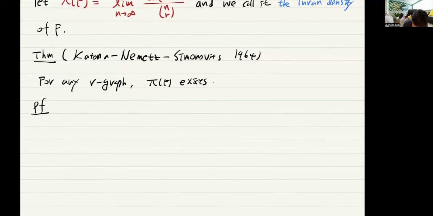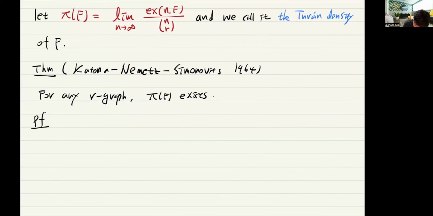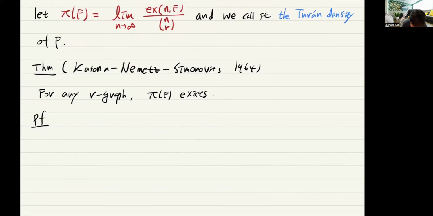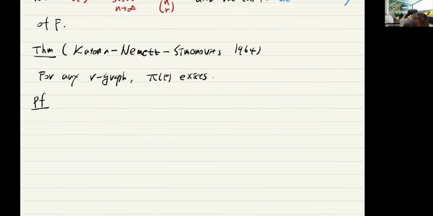How do we show it? Once we want to show a limit exists, there are several techniques. One of them is: if you have a sequence which is monotonically non-increasing, so decreasing, and it's bounded from below, then it must have a limit. So we want to show that.